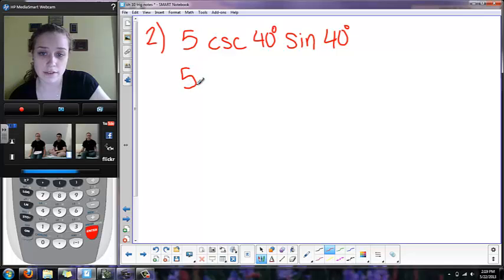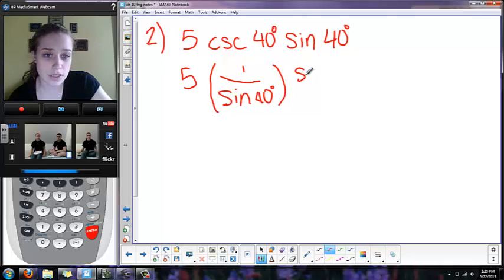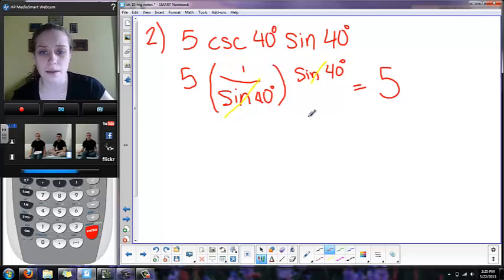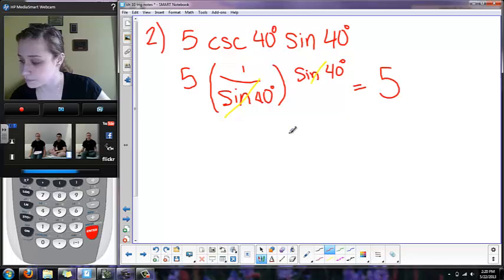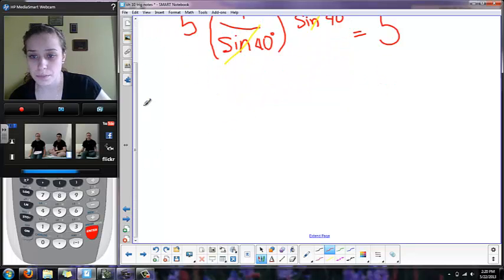So this is really 5 times, cosecant is the reciprocal of sine, so 1 over sine of 40 degrees multiplied by sine of 40. And you can see that because I have a sine 40 in the numerator and a sine 40 in the denominator, I can simply cancel those out, and this whole expression is actually just equal to 5. So questions like this that look really complicated typically are not as complicated as they seem because something is going to cancel out. Okay?